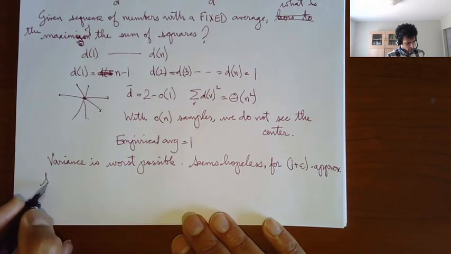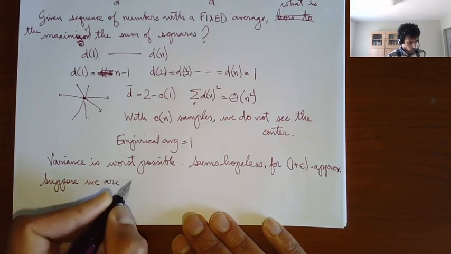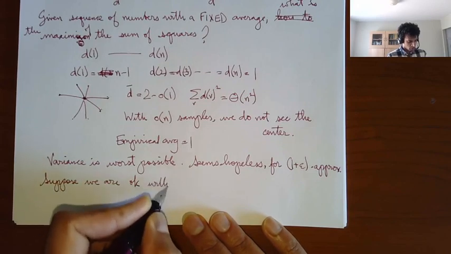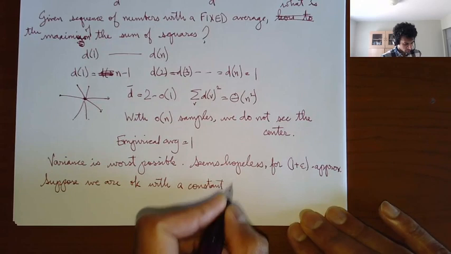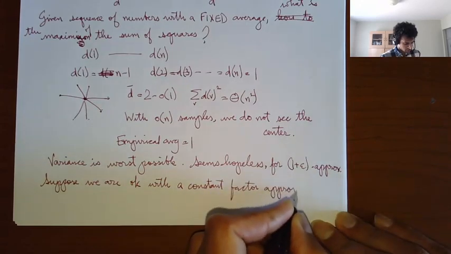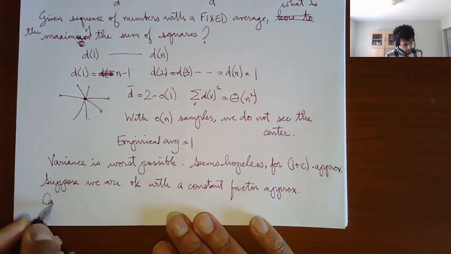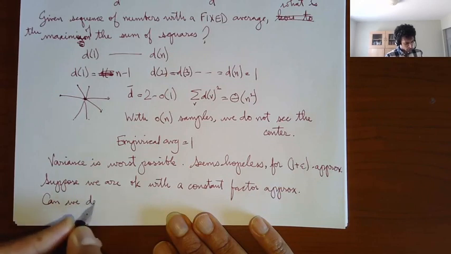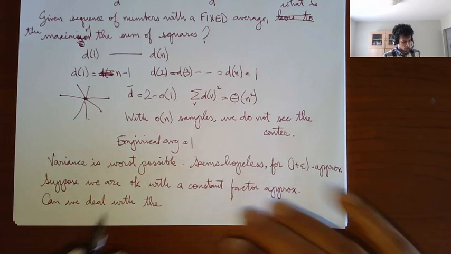Suppose we are okay with a constant factor approximation. Can we deal with the unbounded variance?